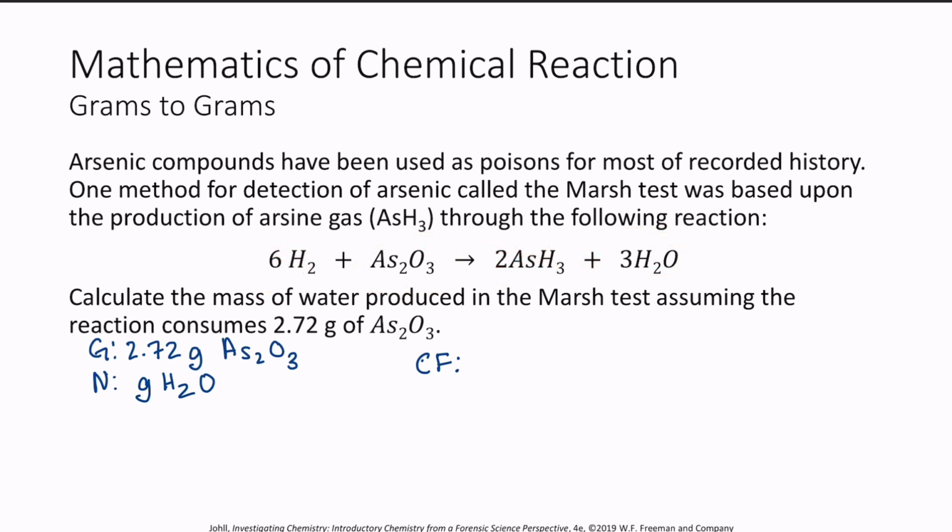So when I look at my mole to mole ratio, I'm just going to look at 1 mole diarsenic trioxide is going to be equal to 3 moles of H2O. I don't have all the conversion factors that I need yet, but I'm just going to get started. I'm going to start with my given.